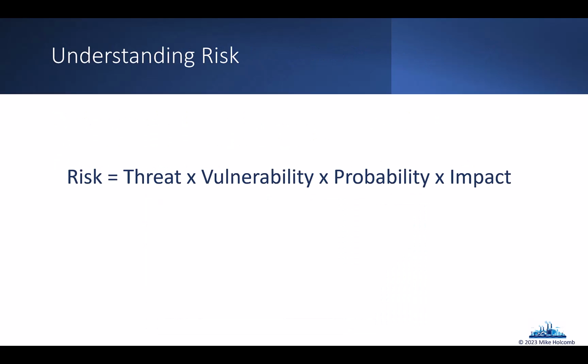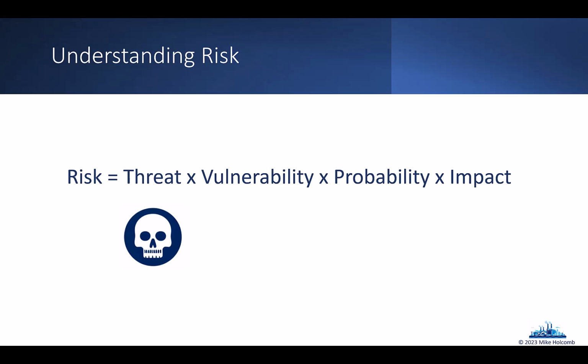Taking a step off to the side, when we start having this risk conversation, remember, risk is made up of a couple of different aspects. First, we have the threat. This is normally the thing that's going to do us harm. A lot of times in cybersecurity we talk about the threat actor: the nation state, the ransomware groups, the hacktivists, the script kiddies.